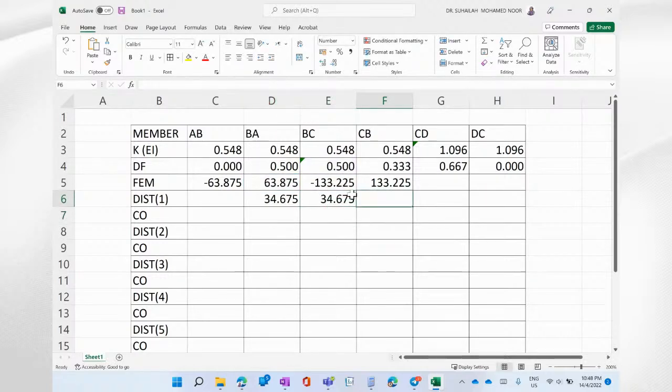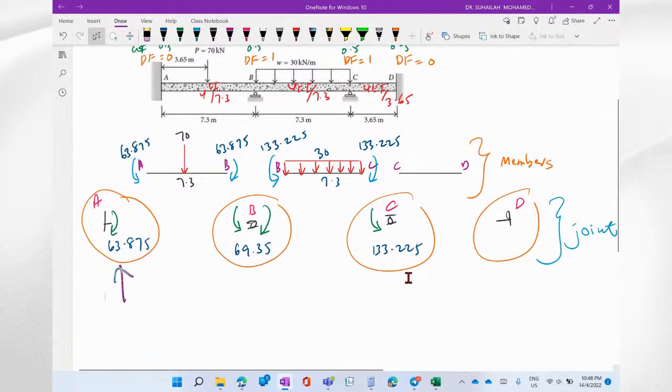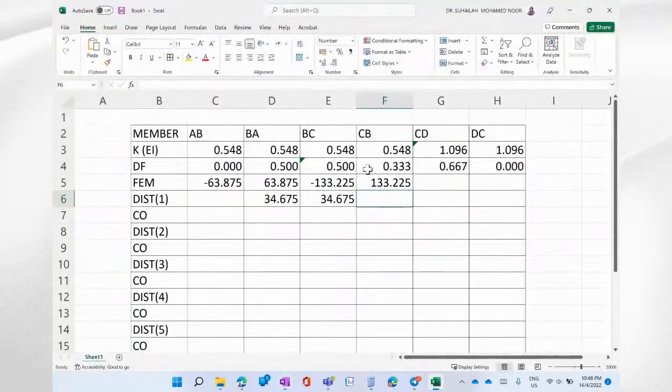Okay, and then continue to joint C. Joint C is negative 133.225 as shown in this diagram. So we use this negative 133.225 to calculate the end moment. We times with the factor, so that is why it is negative, because of the direction shown.